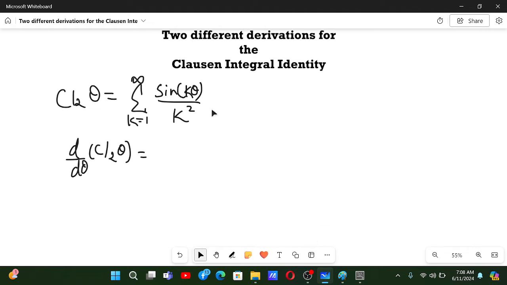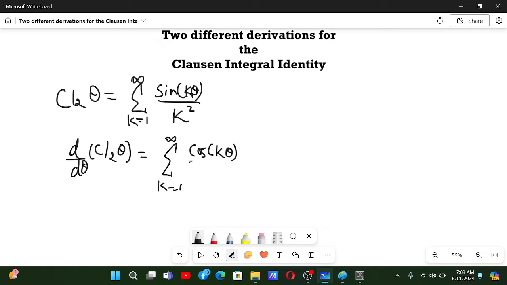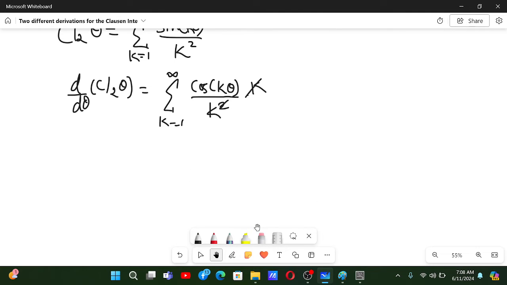We just take the derivative inside the sum, and then the sum from k equals 1 to infinity of cos(k theta) by k square. Now, using the chain rule, we need to differentiate k theta, so we get k, which cancels out. The reason I differentiated is that this sum has just k in the denominator and not k square, so this sum can be evaluated using the logarithm function. So that's why I did this.